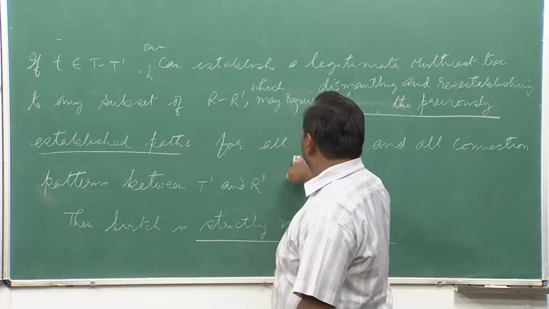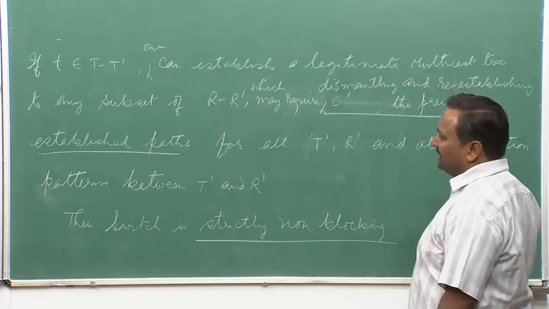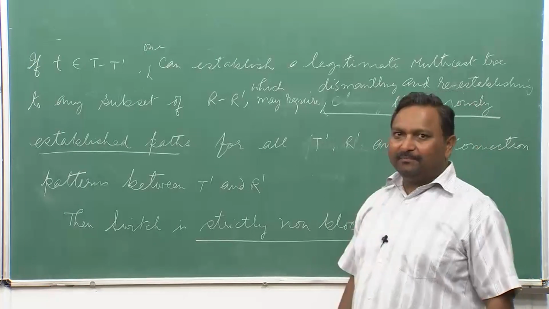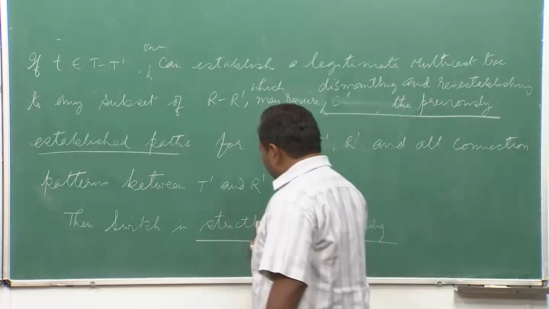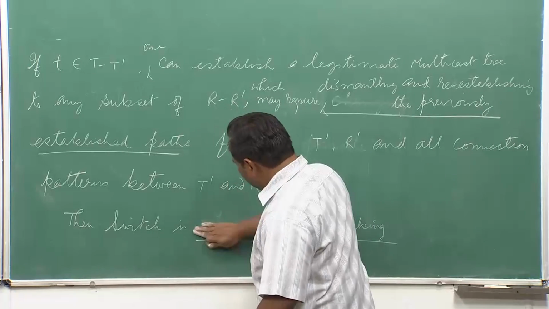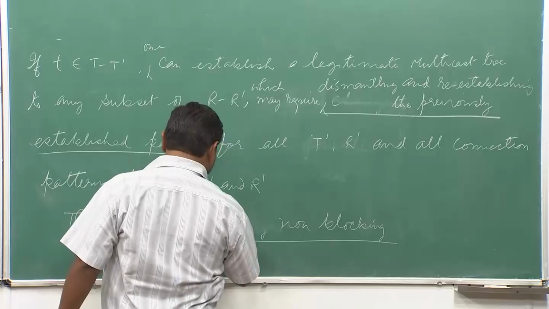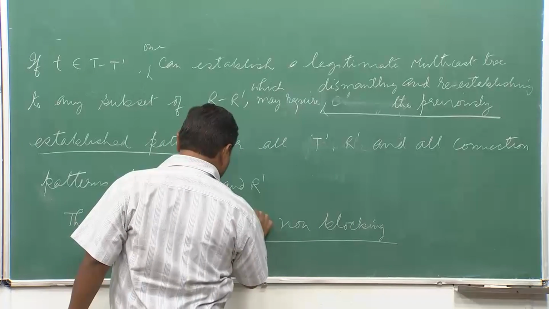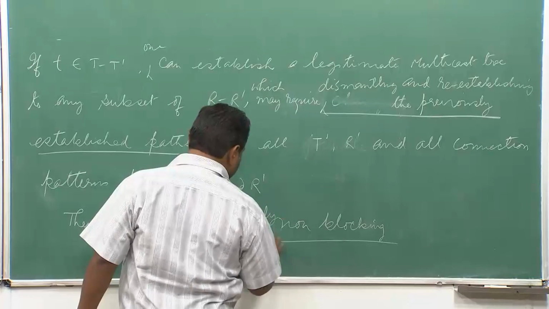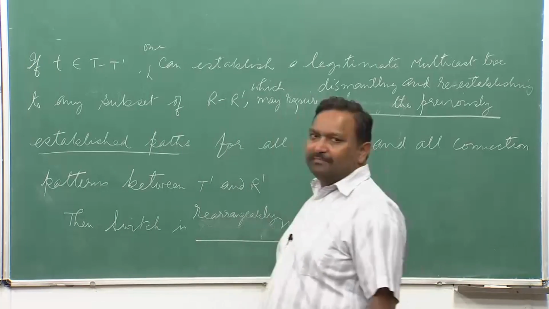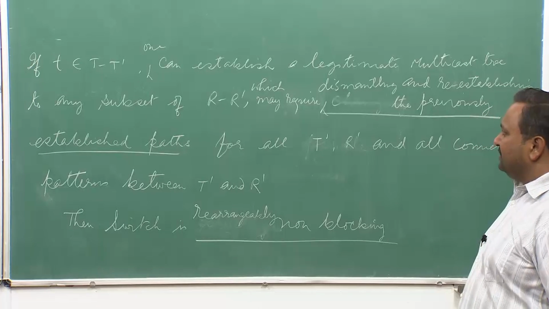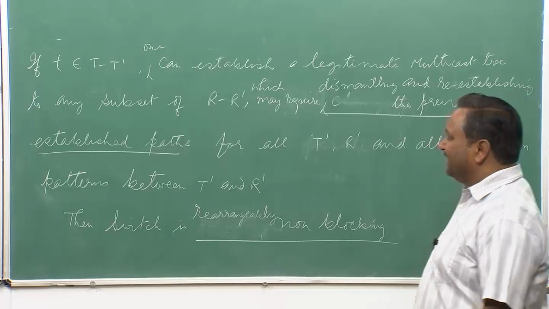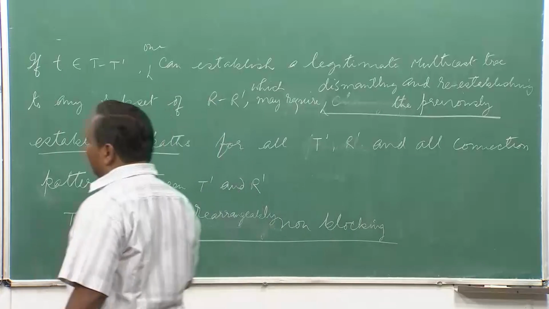And this should be true for all T prime, R prime and all connection patterns between T prime and R prime. Then the switch is rearrangeably non-blocking, that is the second category.